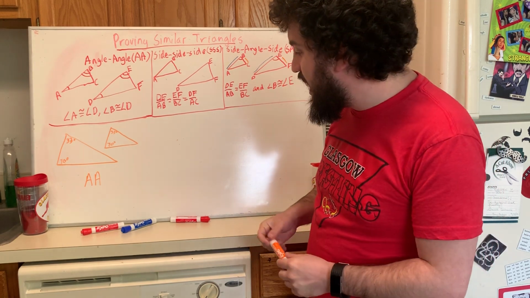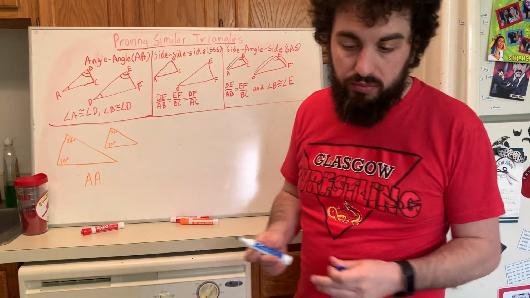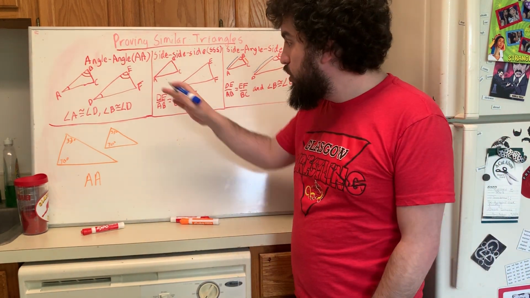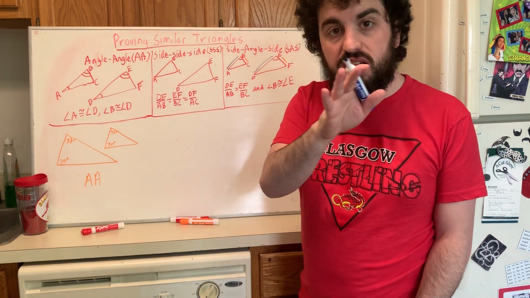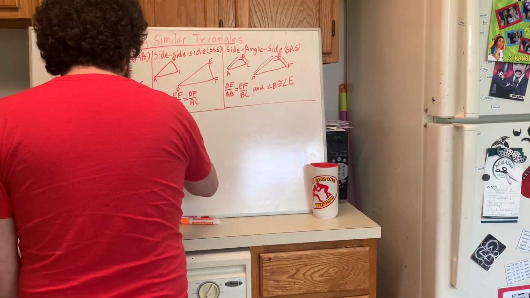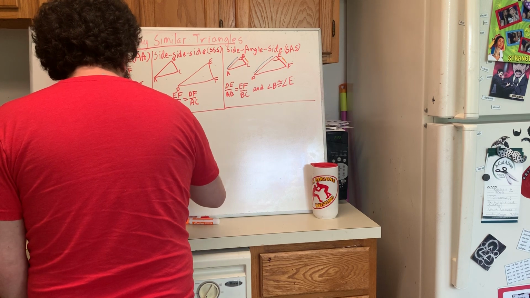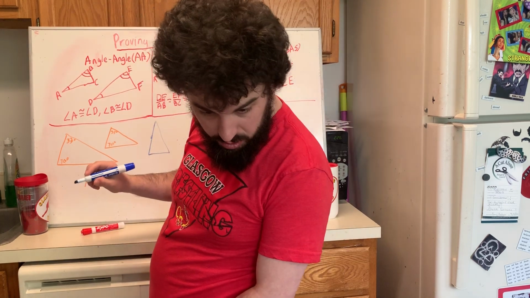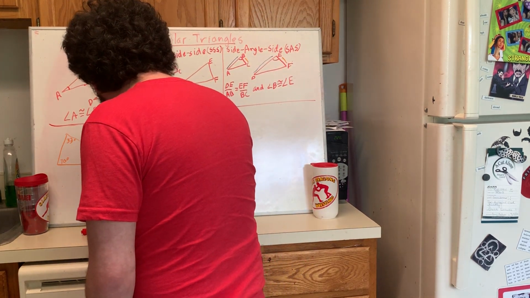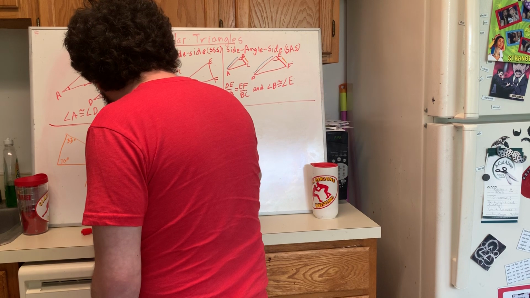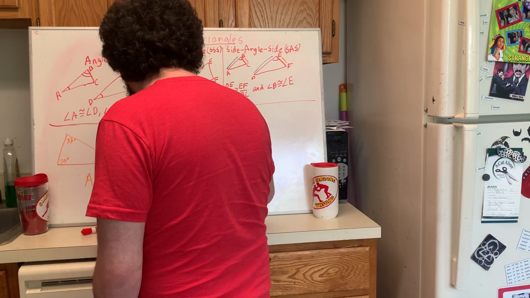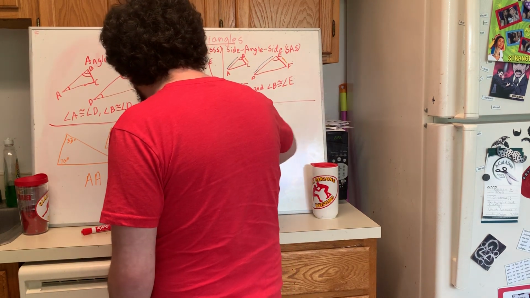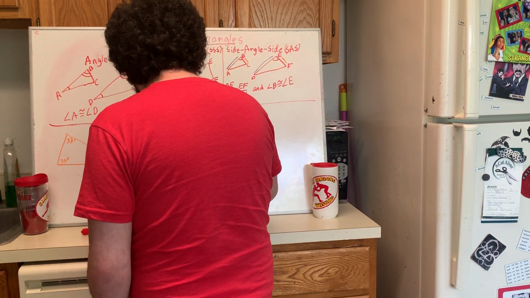Now let's look at some side, side, side similarity. In this, we're going to see two triangles, and we're going to show that the ratio of all the sides is the same. So this is 6, 12, and 15. This one is smaller actually. I'll draw that a little smaller.